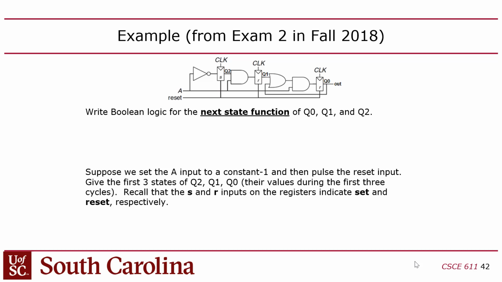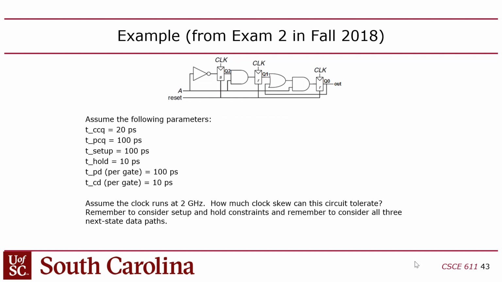So it's not always just flip-flop to flip-flop; it can be a flip-flop back to itself. You guys with me? You'd have to calculate that, and then calculate whether this one meets the setup and hold time. Any questions? Make sense?